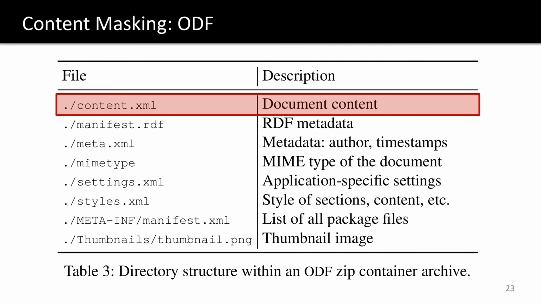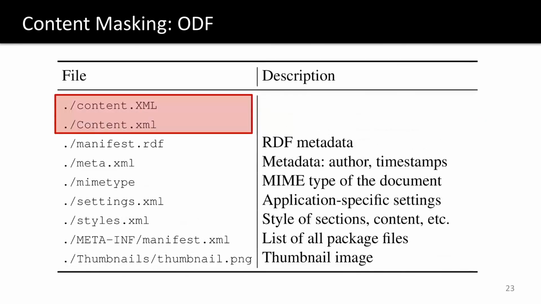However, the specification does not make a statement regarding case sensitivity. Now, by placing two open document content files with mixed case names into the ODF container, we were able to enforce a decision regarding which file is to be processed by the applications. So LibreOffice parses the first one, while Microsoft Office uses the second file.